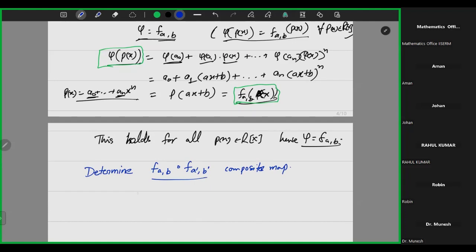The first map was from Rx to Rx, which is this one, the first map f_a'b'. The second map is also from Rx to Rx. So this composite map is from Rx to Rx only.